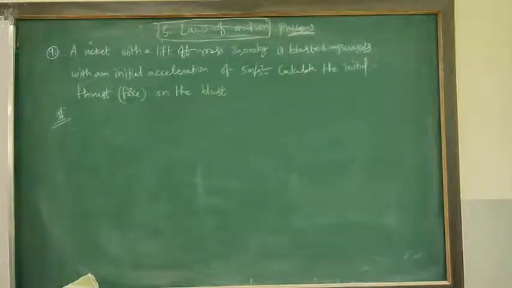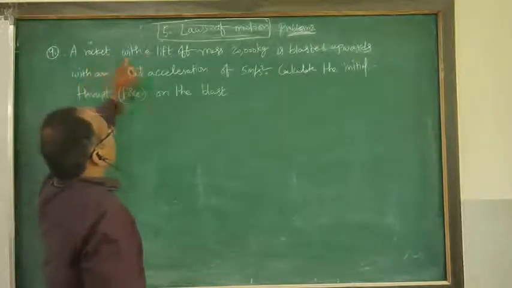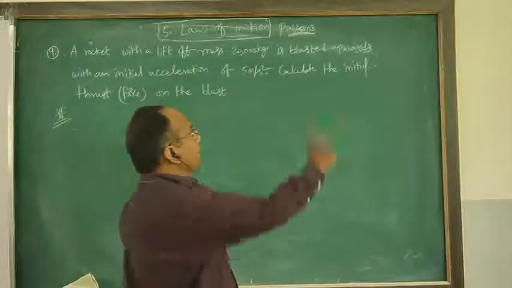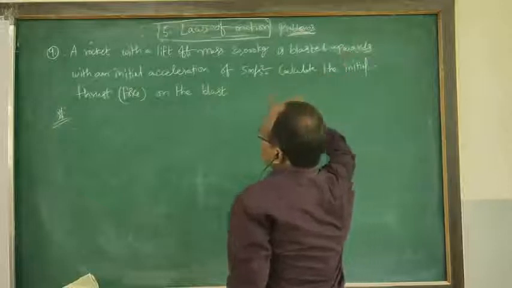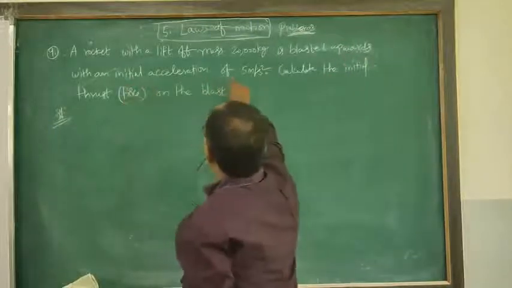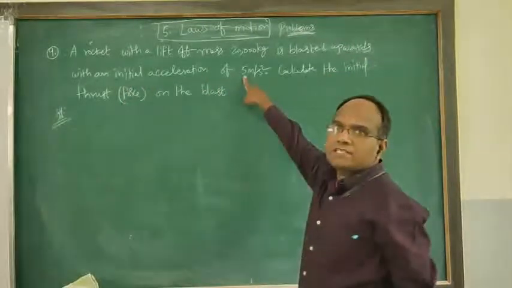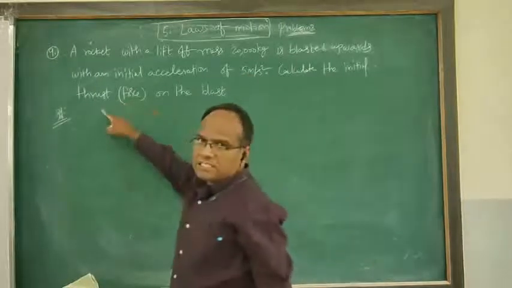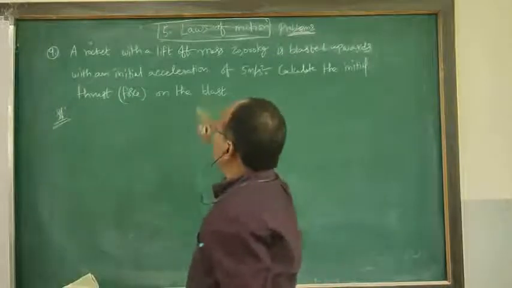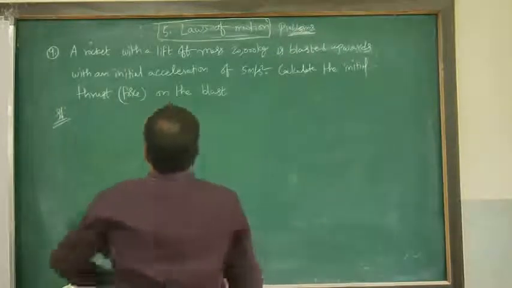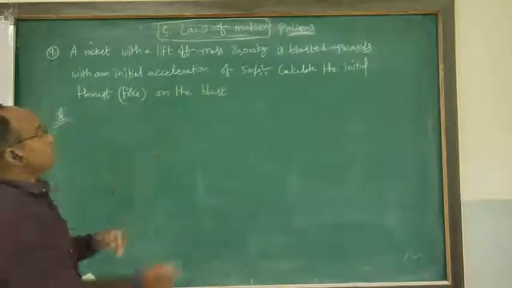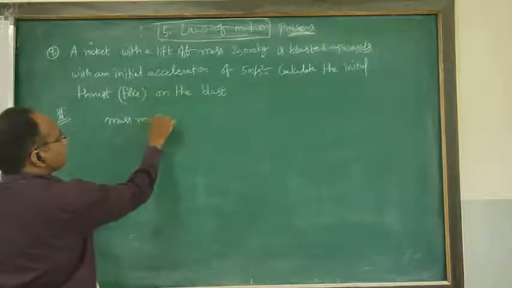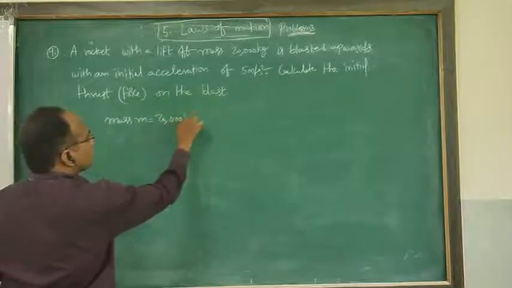Now, the ninth problem: a rocket with a lift-off mass of 20,000 kg is blasted upwards with an initial acceleration of 5 meter per second square. Calculate the initial thrust. Thrust is nothing but force on the blast. When a rocket flies off, its mass is 20,000 kg.